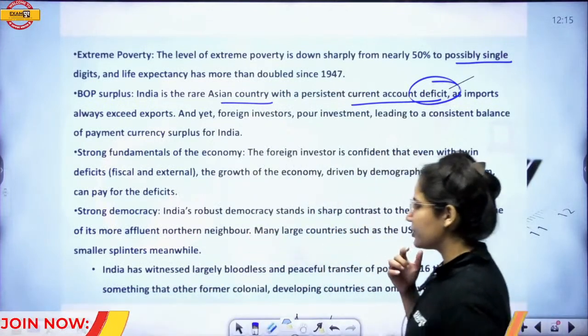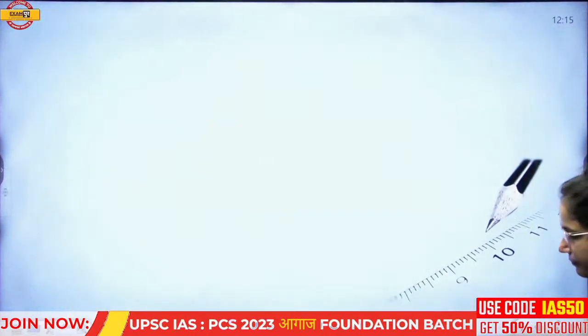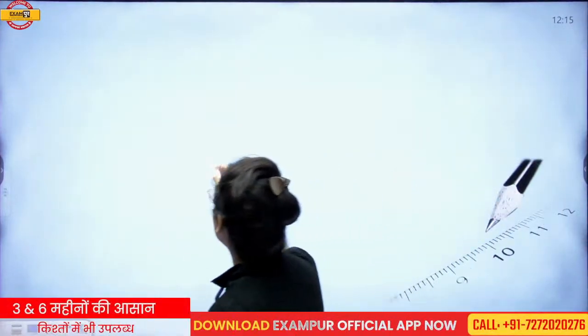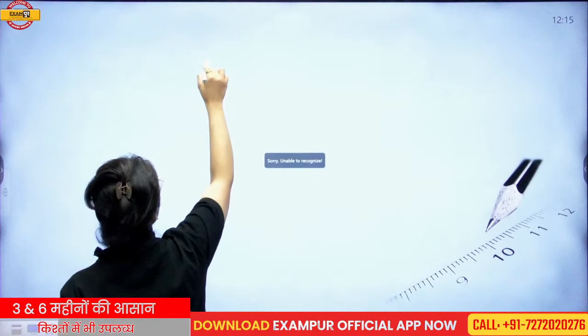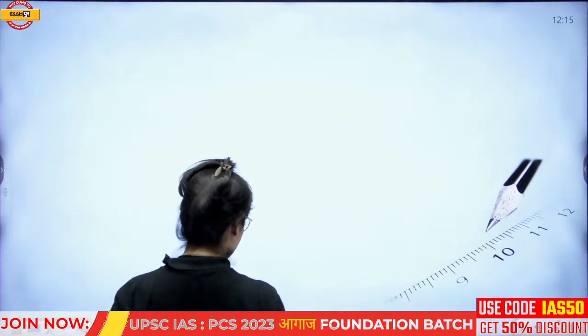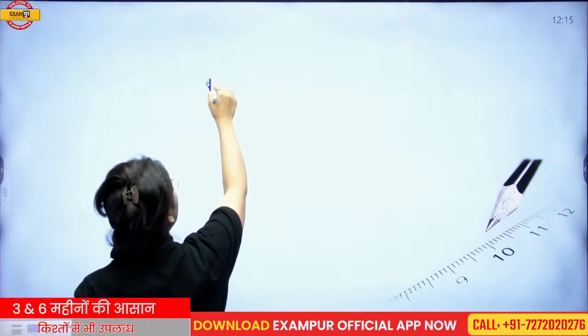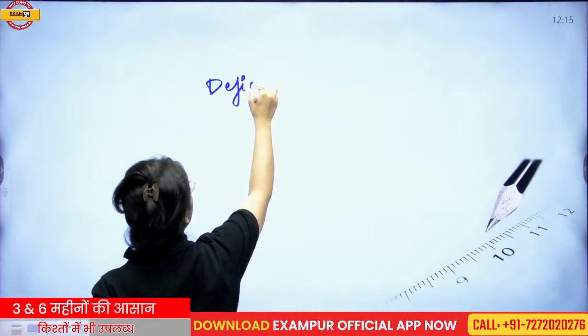And what is that condition of deficit? The fiscal condition. What is the condition right now? You need to focus on deficit. This word we always hear in two ways.